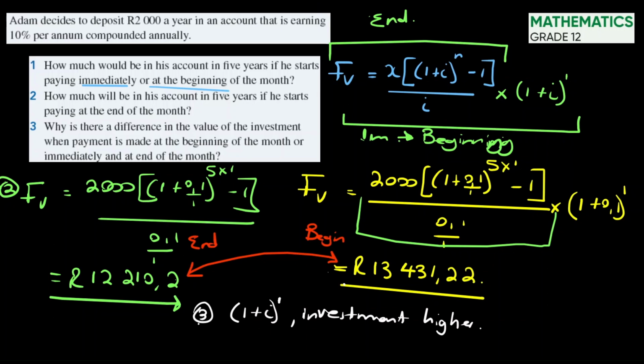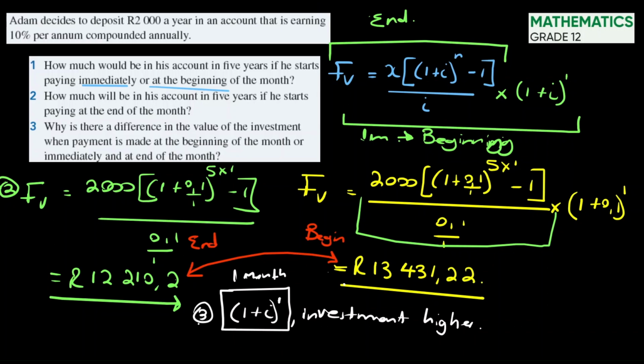So you can say the payment made at the beginning of the month or immediately earns interest for an additional 1 month. Hence, the investment is higher. So the extra more than 1,000 rands is because of the 1 month.